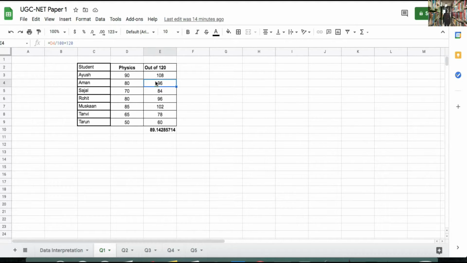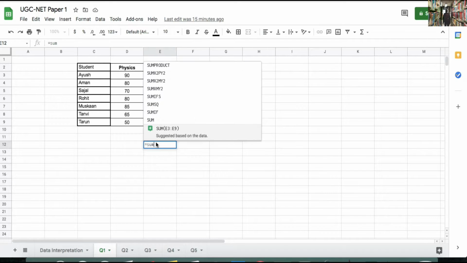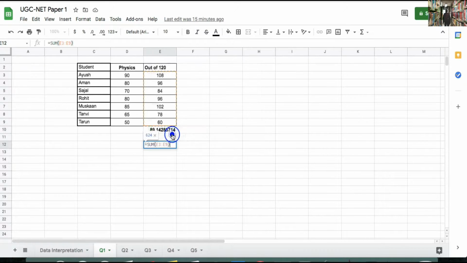Now the question is, what is the average of marks? When you take out the average, you can add a formula here: average of E3 to E9, or you can just add all of these and divide by 7, and you'll get the average. I'm using a formula here, though you might not have access to formulas.